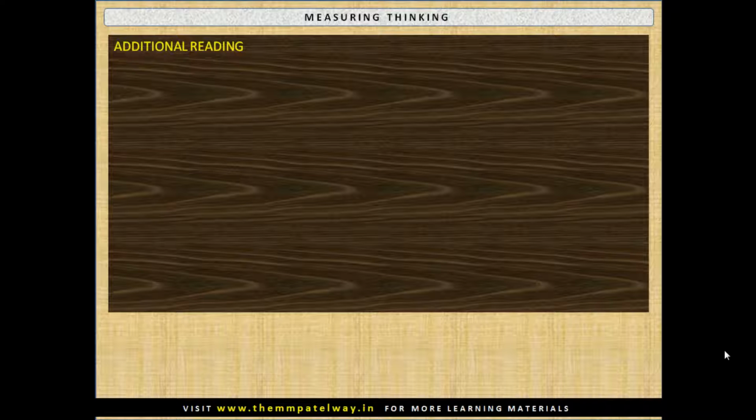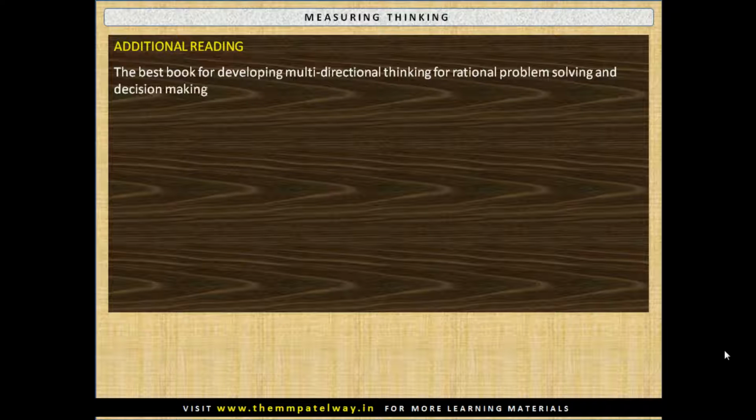At this point, I would suggest a book for additional reading. The best book for developing multidirectional thinking for rational problem solving and decision making is Six Thinking Hats by Edward de Bono.